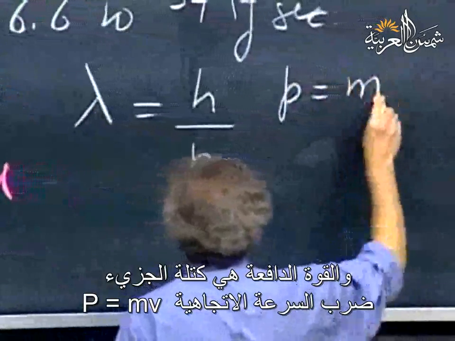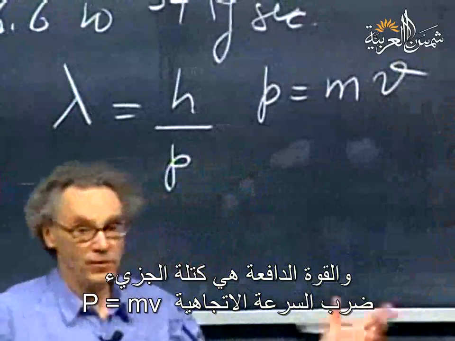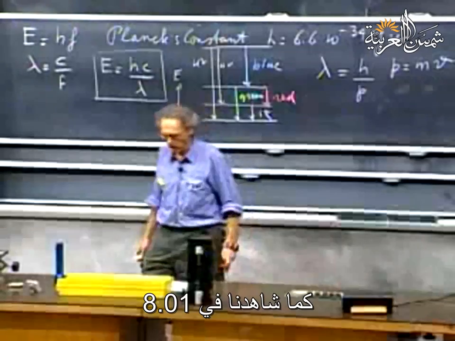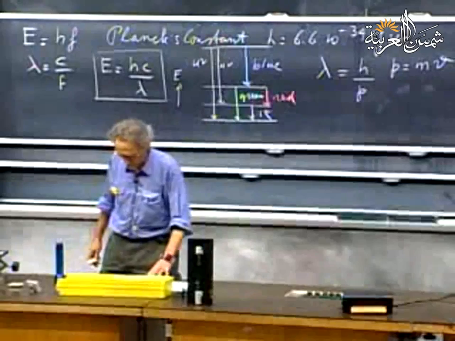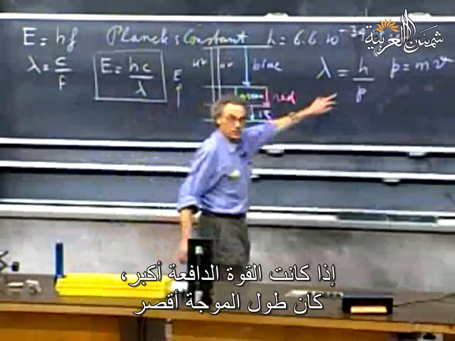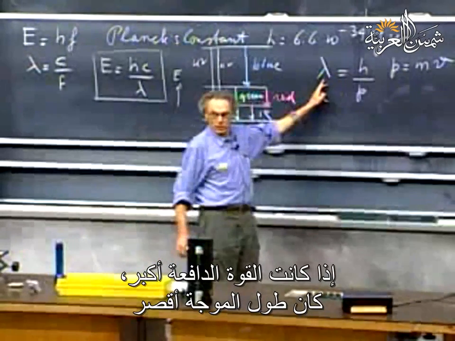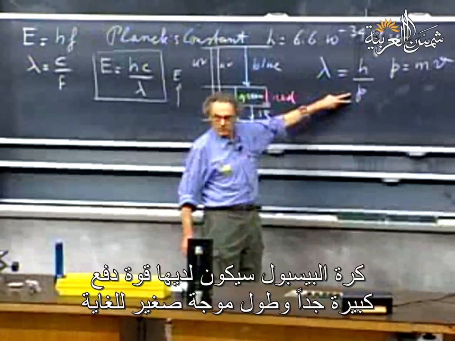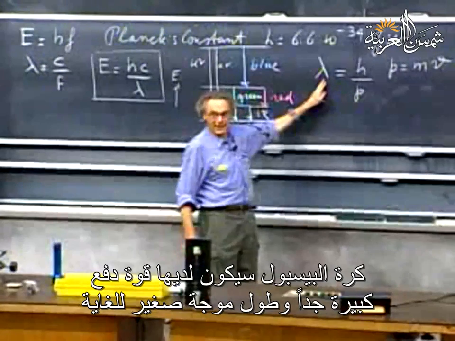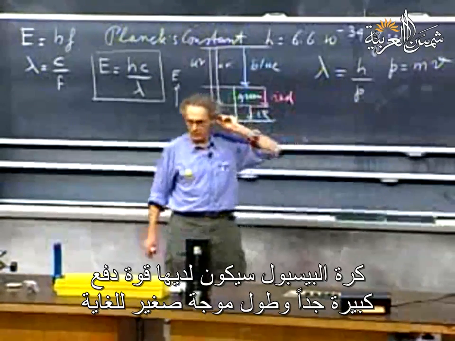And the momentum is the mass of the particle times the velocity, as we have seen in 8.01. If the momentum is higher, then the wavelength is shorter. A baseball will have a very high momentum with ridiculously short wavelengths.